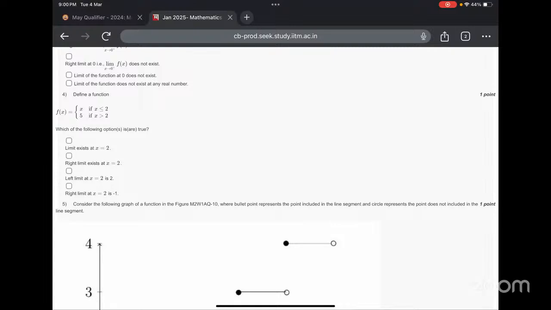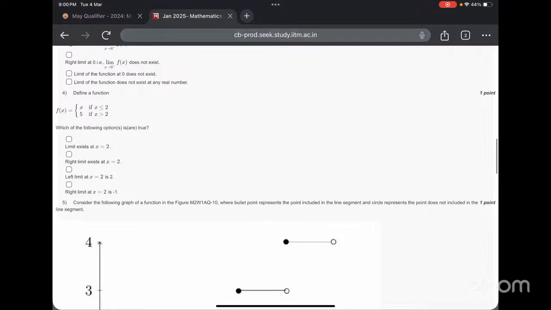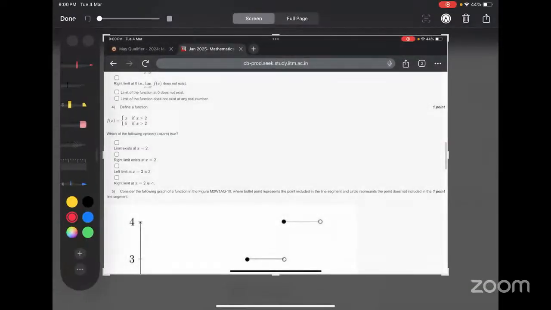Okay, so if you consider the left limit, left limit at 2 means limit x tends to 2 minus of f of x, right? So 2 minus means it is coming from the negative side of 2, that means the left side of 2. That means we will consider this x. So this will be limit x tends to 2 minus of x. There is no disturbance, so we will directly put 2 here.